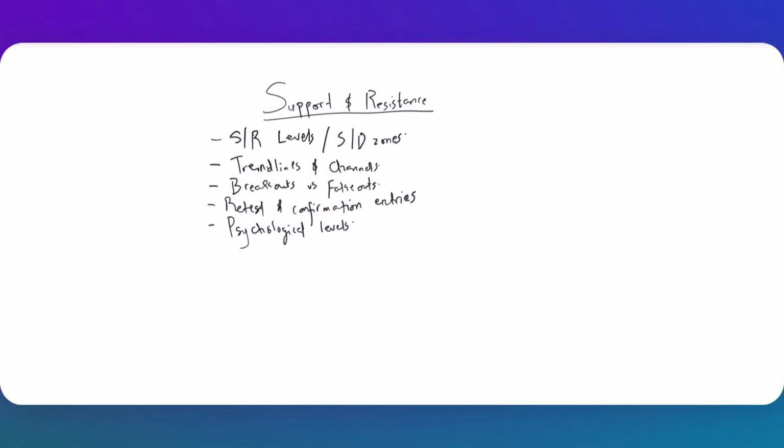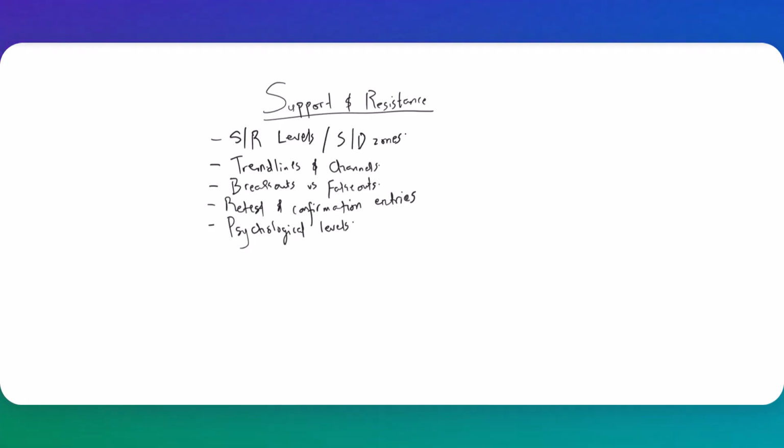Now that's not all about support and resistance though. Like I said, think of support as the floor in your house. It holds price up, and think of resistance as the ceiling. It holds price down.